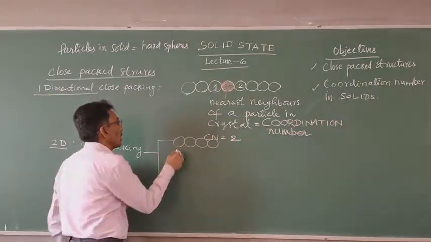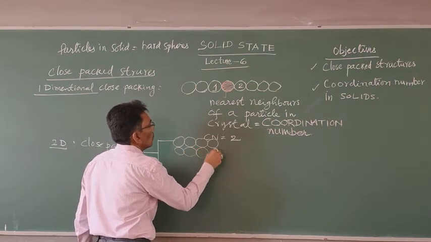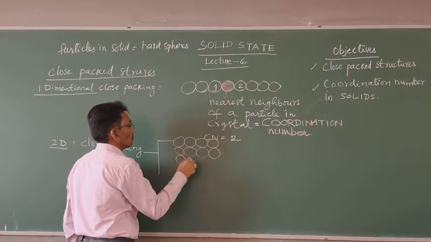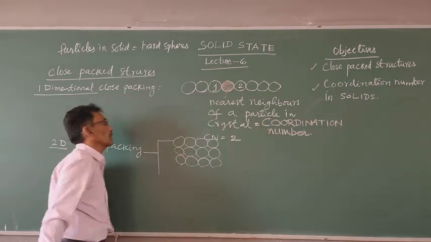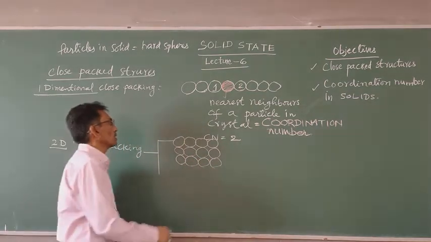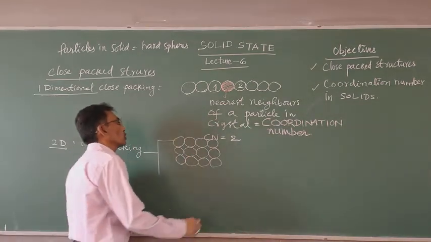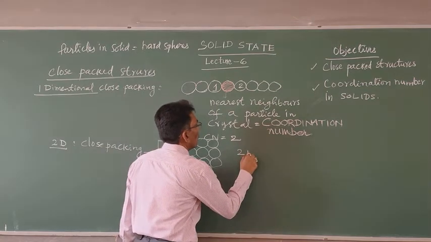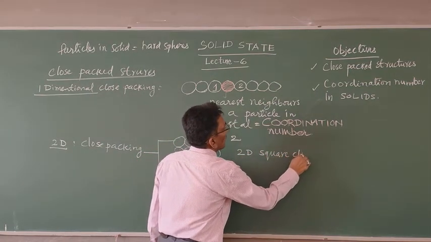So behind this one another particle, this is the third one, fourth one, like that. What is resulting here? A square shape is resulting. So this is nothing but two-dimensional square closed packing.